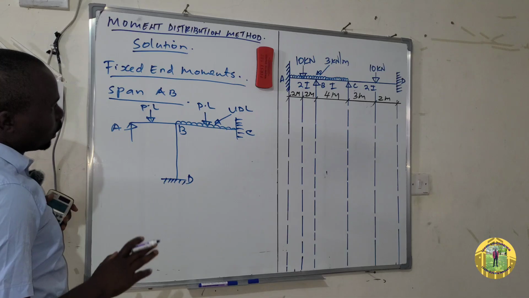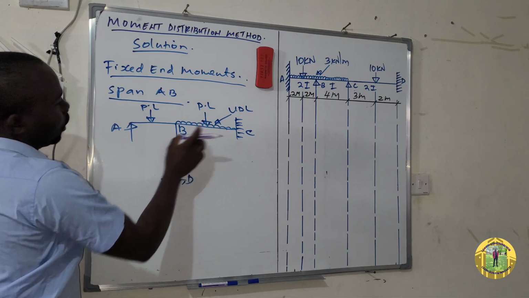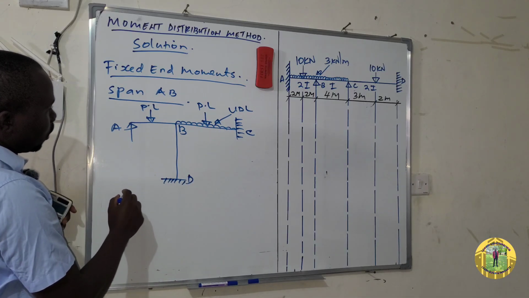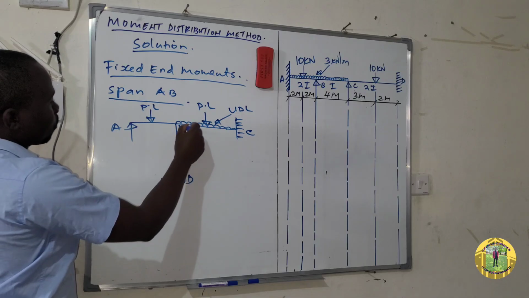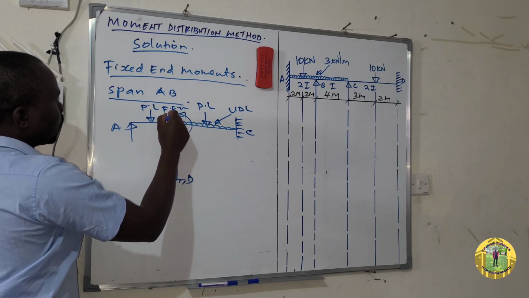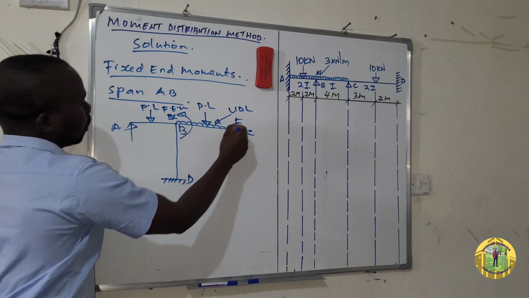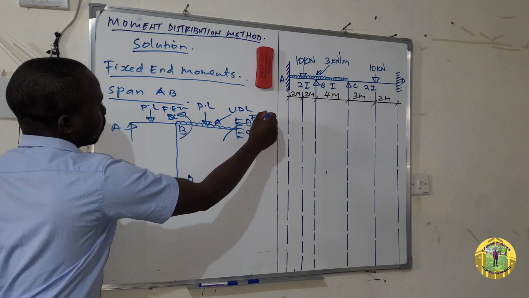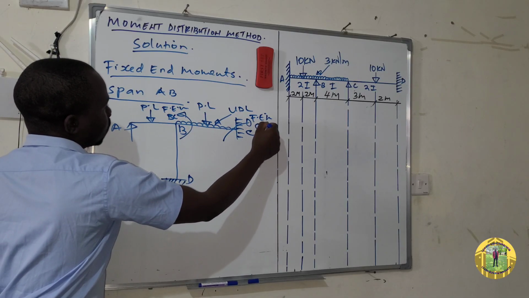So don't panic. Use the same principle. For example, this is BC, fixed end moment BC, and this one is fixed end moment CB.